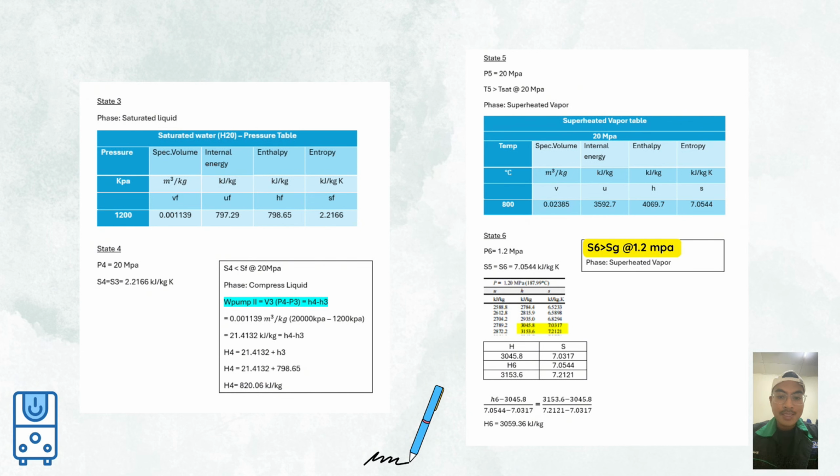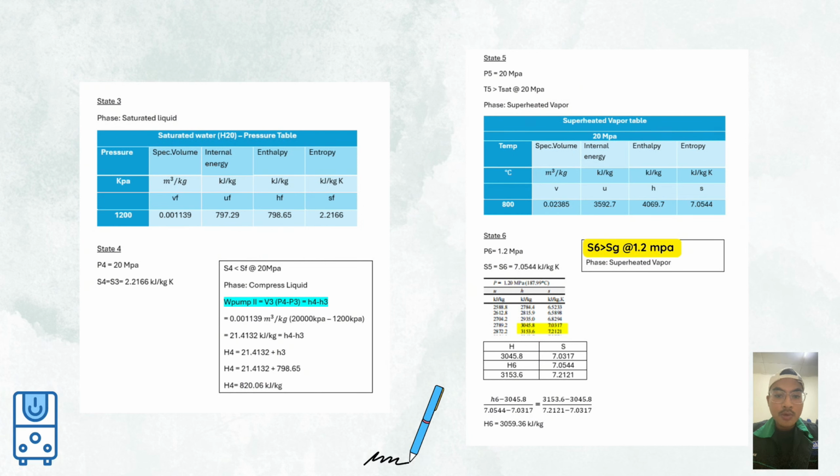Next, fourth state, this is also an isentropic process. S4 equal to S3. The state is a compressed liquid. We can find H4 following the formula of W pump 2 equal to V3 multiplied by P4 minus P3 equal to H4 minus H3 and get the answer. H4 is 820.06 kilojoule per kg.